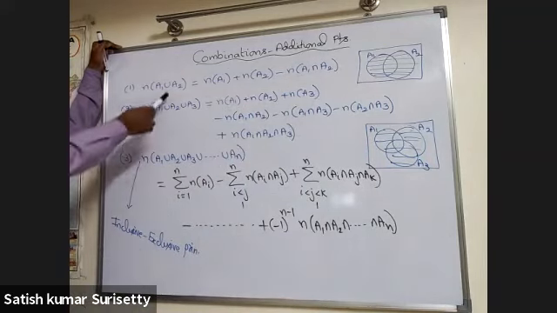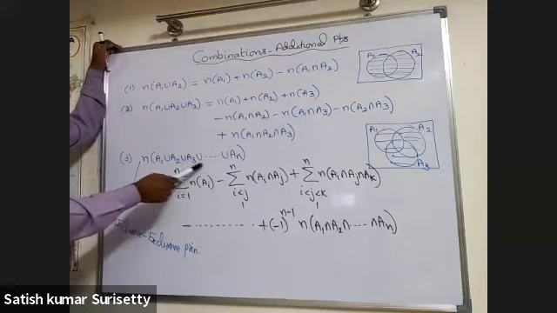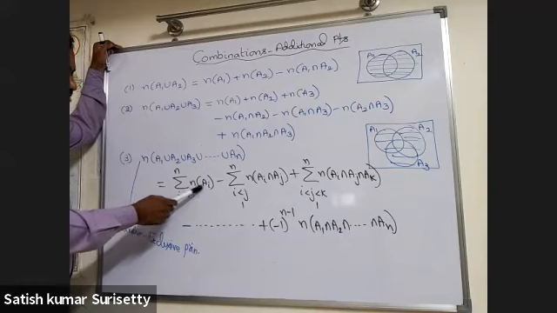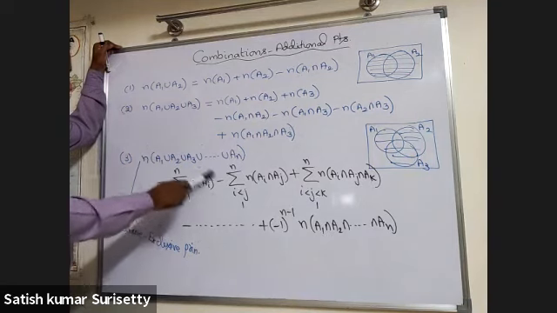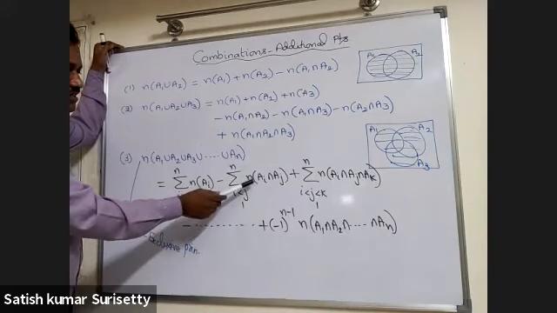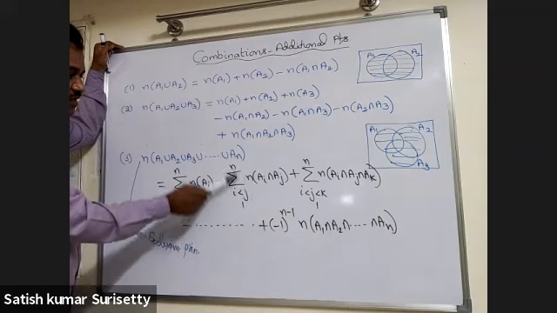Next, this can be extended further to any number of sets. So n of A1 union A2 union and so on An equals sigma i equal to 1 to n of n of Ai. This is like n of A1 plus n of A2 plus and so on n of An. Then this contains n terms. Next, after that, minus two sets at a time, that is sigma n of Ai intersection Aj, i less than j, and i and j from 1 to n.